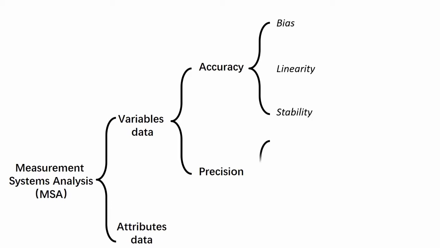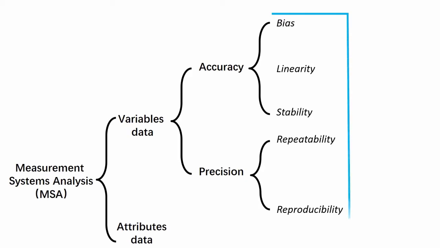Also, precision includes two key concepts. One is repeatability, and the other one is reproducibility. These five concepts are really important for MSA, and I'm going to talk about the details one by one.